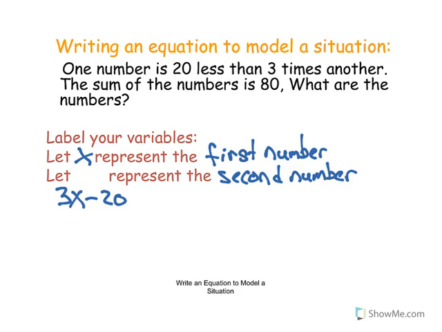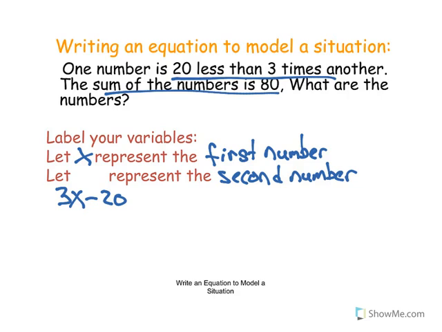In other words, if x was 5, let's say, then 3x minus 20 is going to be negative 5, so x is going to be bigger. Whereas if x is 100, 3x minus 20 is going to be 280, which is much bigger. So we can't necessarily say, and it doesn't matter in the problem. So those are our two expressions: 20 less than 3 times x is 3x minus 20. And we know that the sum of those is 80.